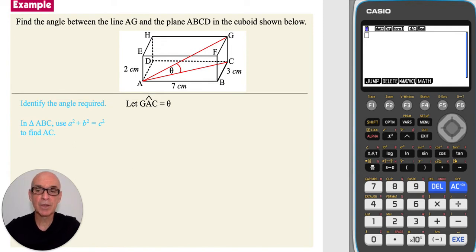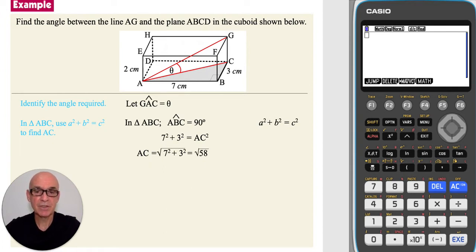In triangle ABC, which is right-angled at angle B, we can use Pythagoras' theorem to find the length of the hypotenuse, AC. Square in and add in the lengths of the shorter sides of the triangle, and square root in the result gives AC is equal to the square root of 58 centimeters.